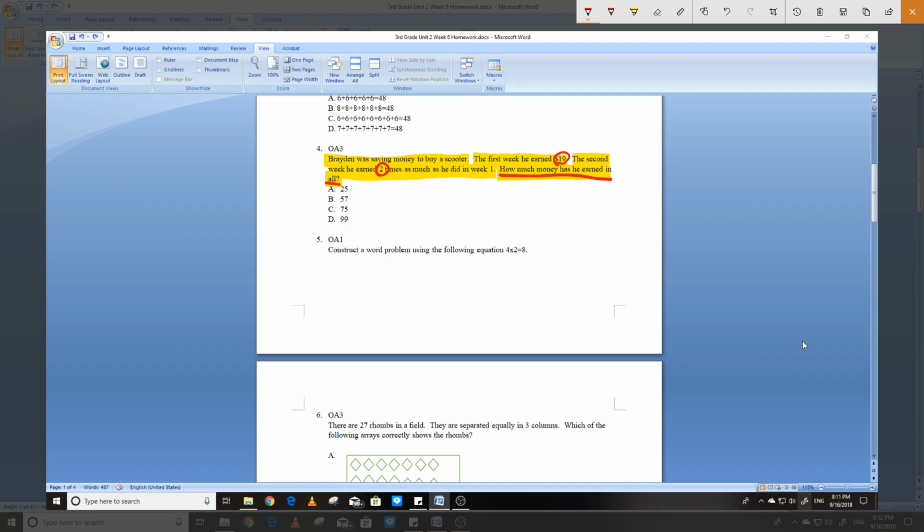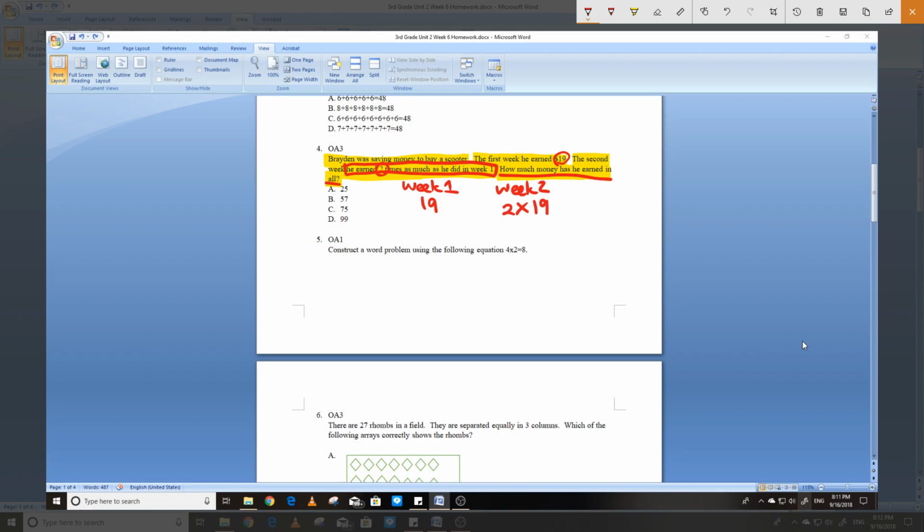The clue here says he earned twice as much as he did in week 1. This is for week 2, right? 2 times as much. So if we write this out like this, week 1 he earned $19. Week 2 he earned 2 times week 1.